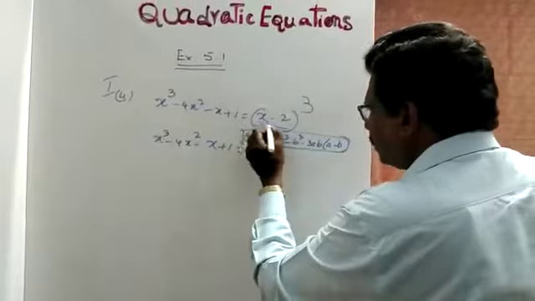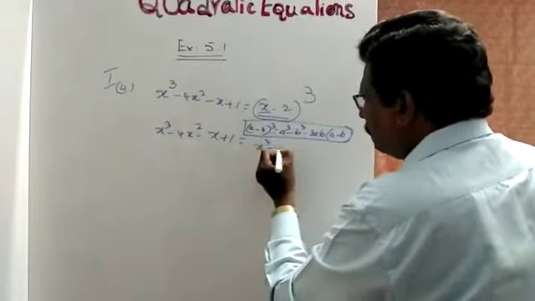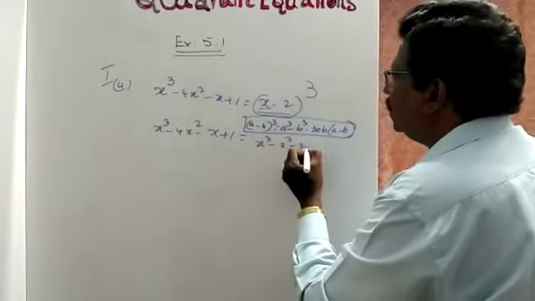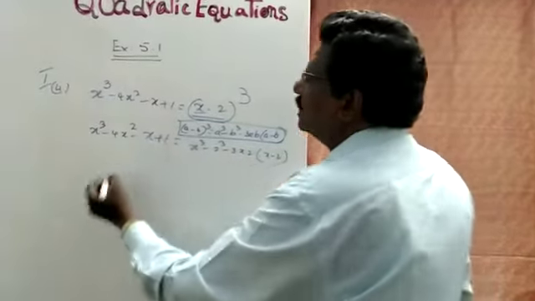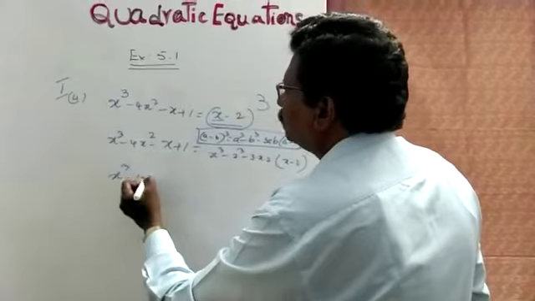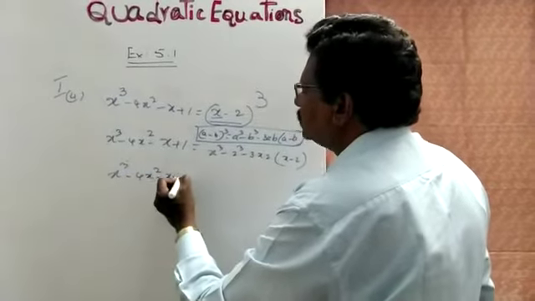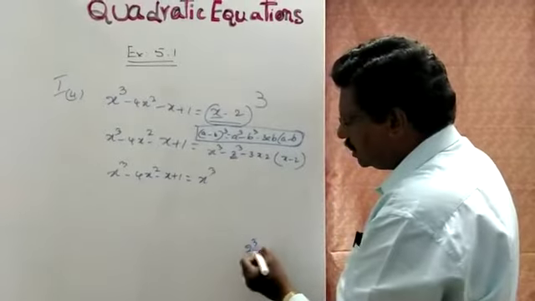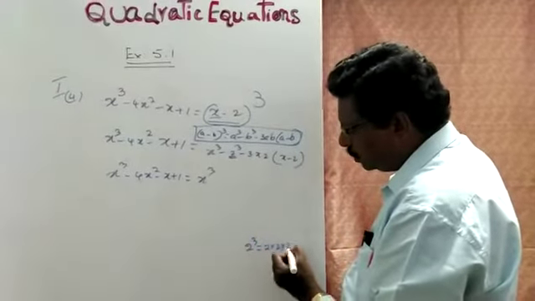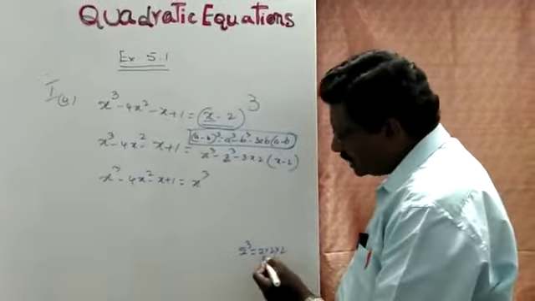So in the place of a, x cube minus 2 cube minus 3 into x into 2 of x minus 2. Again you have to write the same x cube minus 4x square minus x plus 1 is equal to x cube. 2 cube means 2 into 2 into 2. Remember it first. 2 2s are 4, 4 2s are 8.